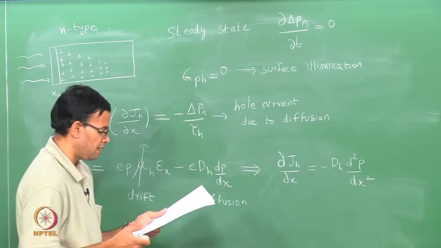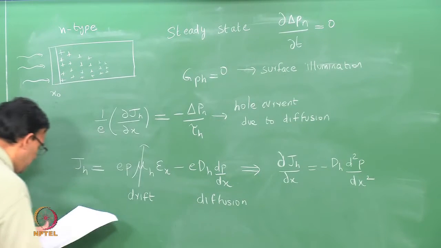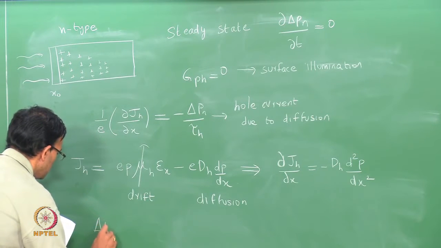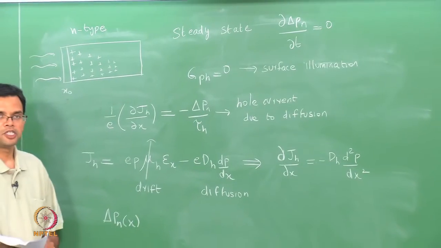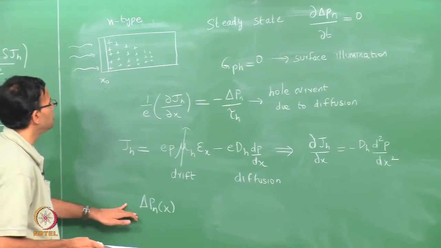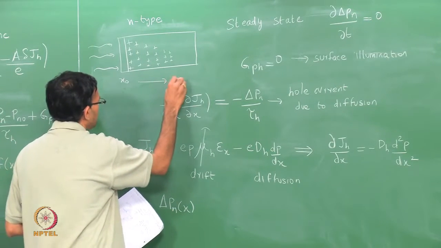So, in this particular case, for weak illumination, we can write an equation for the change in the concentration of holes as we go along this length. Let me just mark this to be x.